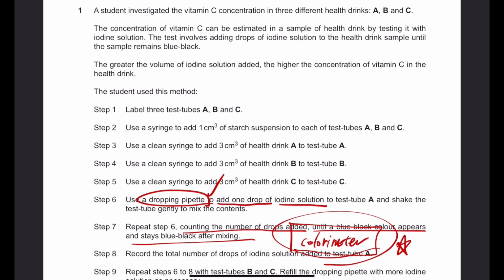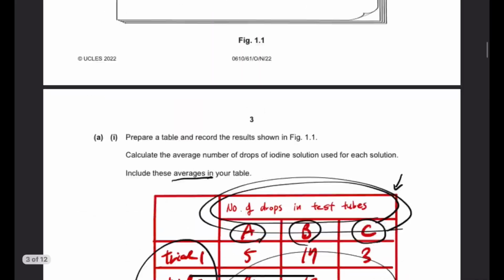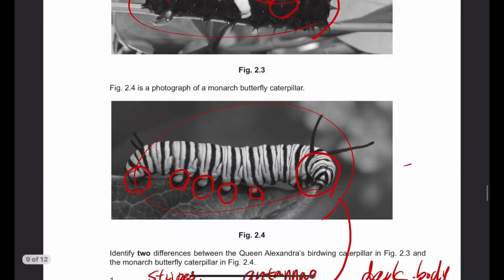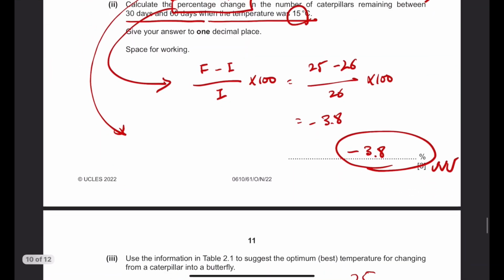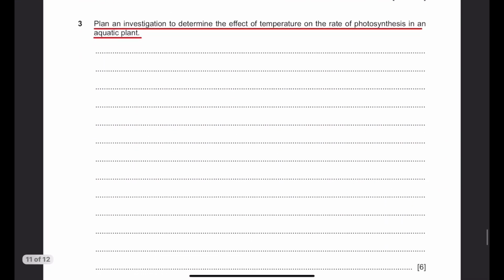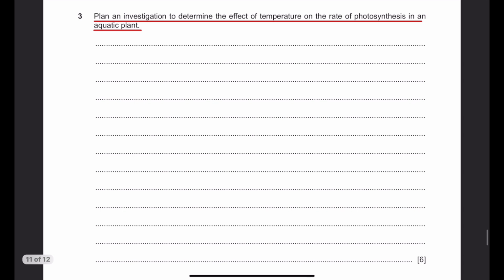However, if that happens, then you can actually copy all the methods. You can just slightly change some of the details of what is involved and what's going to happen. But if you get asked to plan an investigation that is completely different from question 1, the very first question, the questions tend to be quite simple.